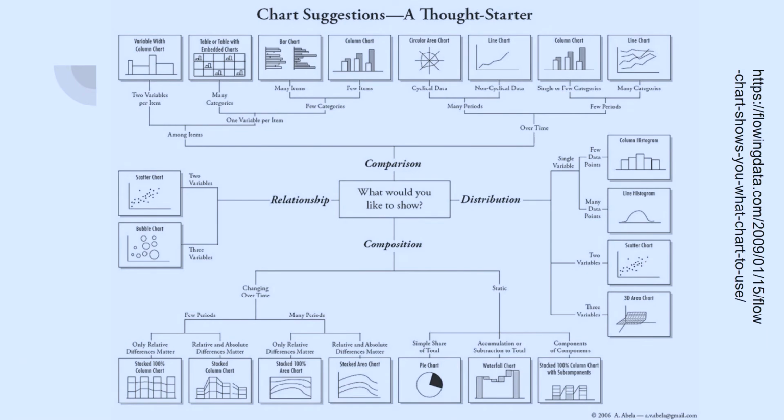So here's a really interesting sort of meta chart, a flow chart showing ways to ask about your data and to decide on what sort of chart you should make in order to best represent your data.